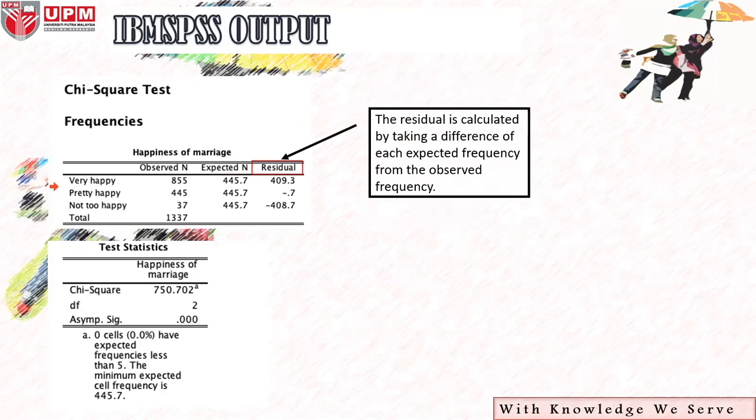The residual indicates the difference between observed and expected: observed minus expected equals residual.